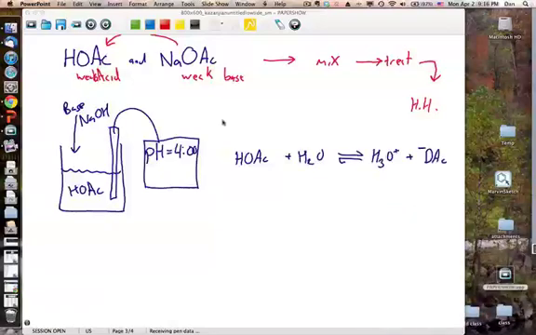As you start this reaction, the system consists almost solely of our weak acid.